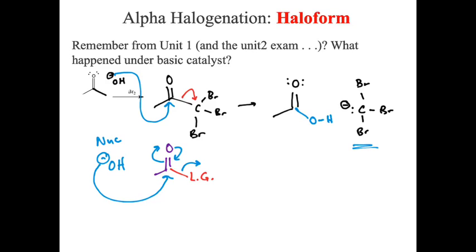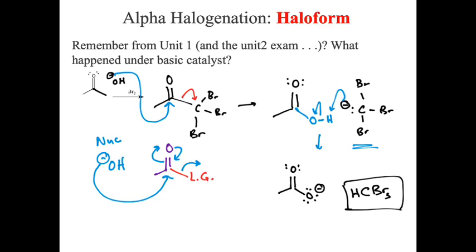We still have a negative carbon. Is that good? And then steal it from the acid, kind of like the carboxylic acid base reaction that we just ran with the amide. There's our haloform.